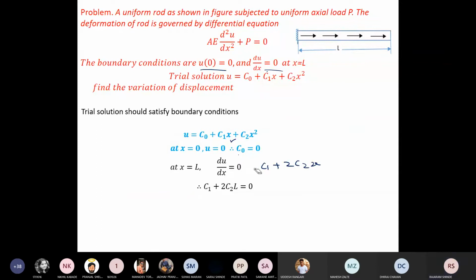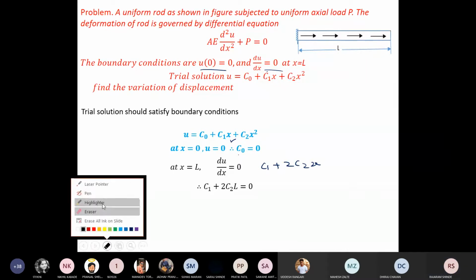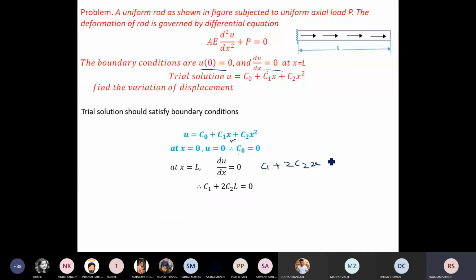This is your du by dx. Now at x is equal to L, you have to replace x by L. So it becomes c1 plus 2c2L equal to 0. From this equation I can write c1 is equal to minus 2c2L.